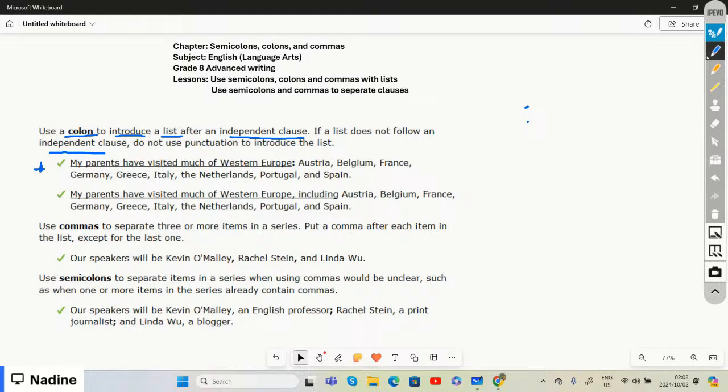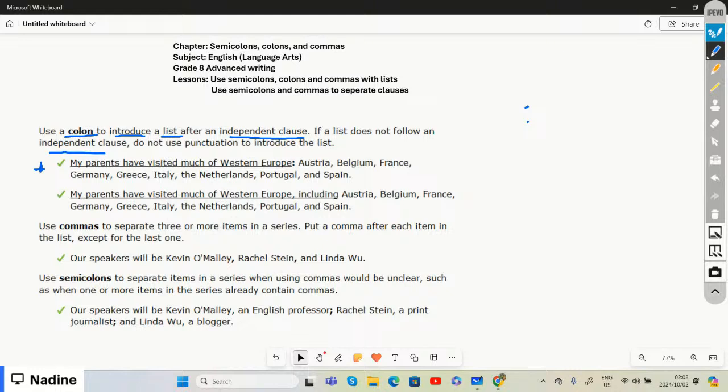And now the list that comes after the independent clause. This is now the list of all of Western Europe that their parents have visited, because here we have our independent clause once again that says, my parents have visited much of Western Europe.